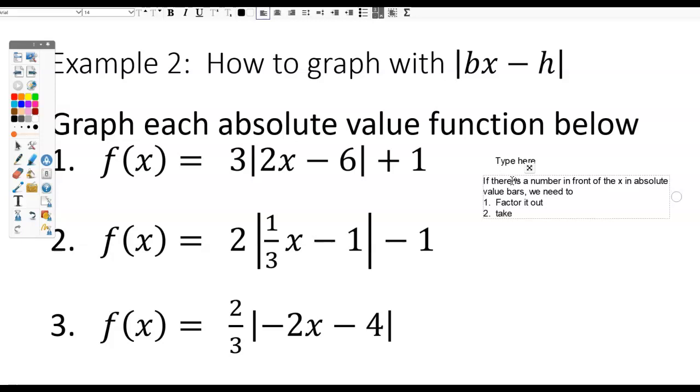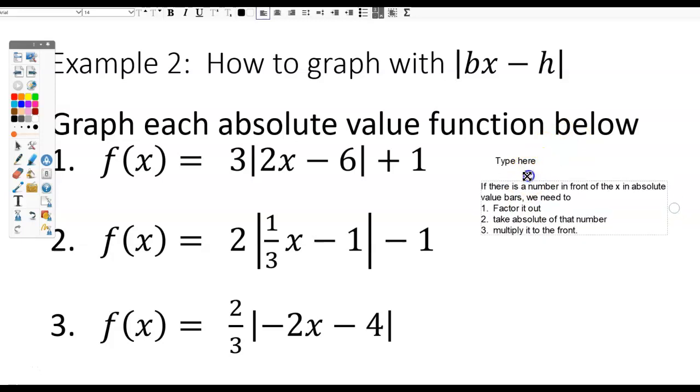Take the absolute value of it. I'll show you what I mean by that in a minute. And multiply it to the front. So the first step shouldn't be too unfamiliar to you. We did that last time, when we had the ax plus b situation, right? We factored it out. Well, we kind of need to do that again here.